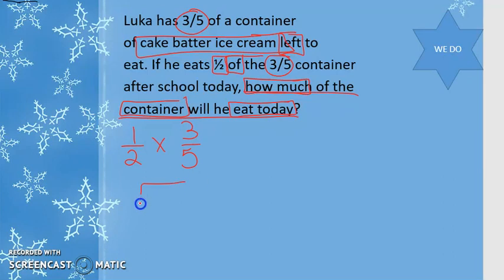So the first thing we're going to do is pretend that we have a rectangular container of ice cream. I'm going to break this apart into fifths. And we know that Luca has 3/5 of this container of ice cream left to eat, and he wants to eat this after school today because cake batter ice cream is delicious. And now we're going to break apart that 3/5 into 1/2.